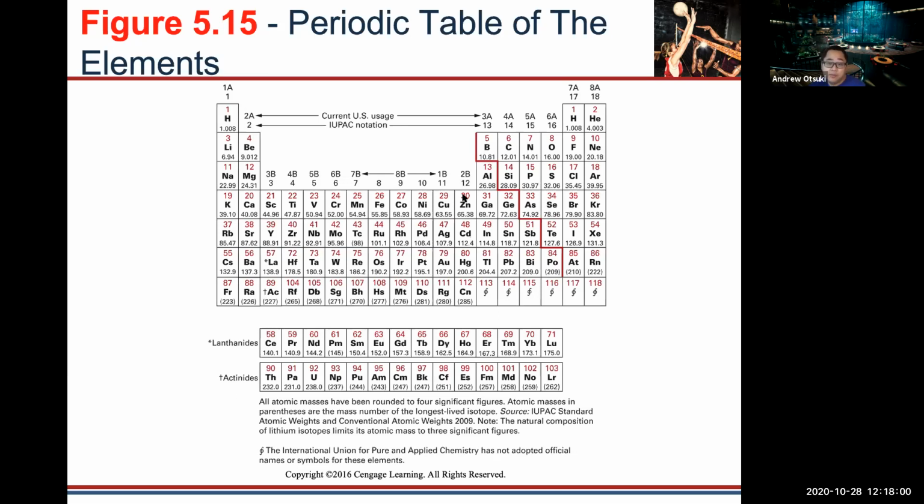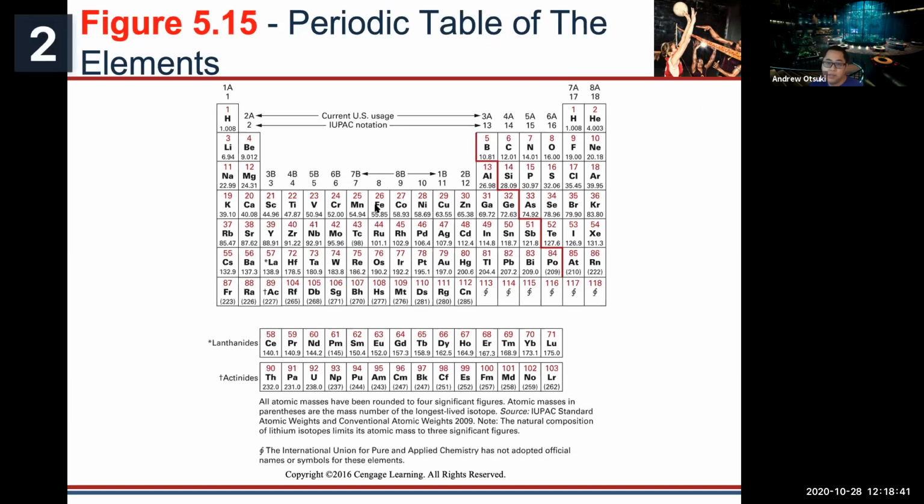But anything to the left of those, all of these, are metals, with the exception of hydrogen. The line begins between 4 and 5 and ends between 84 and 85, about right here. So they have metallic character. Okay. So we'll come back to this periodic table in a bit.